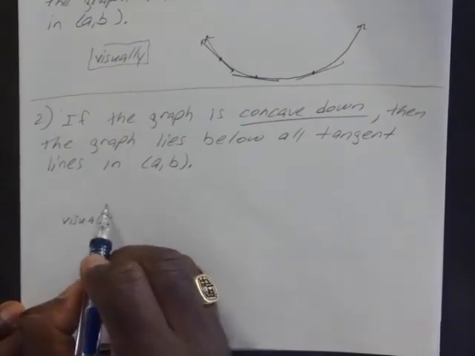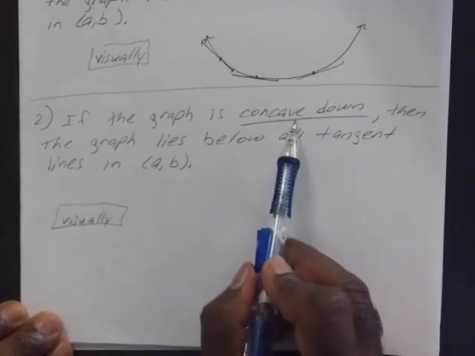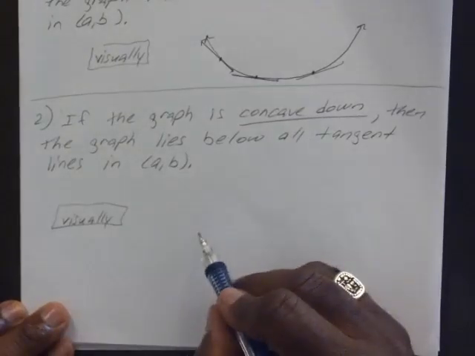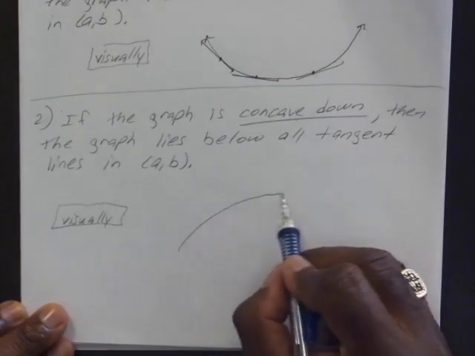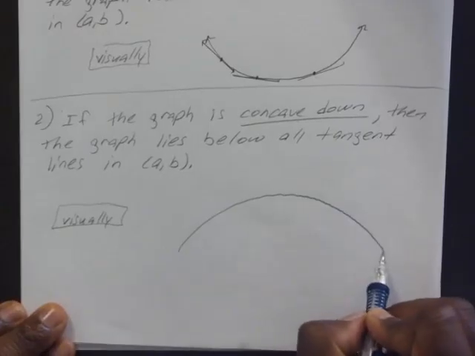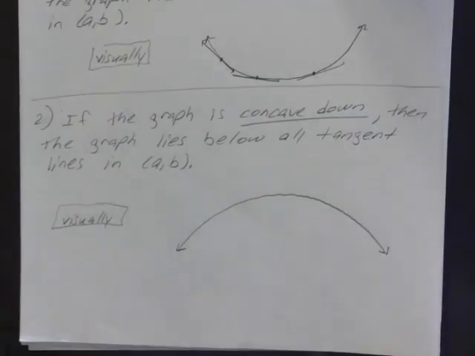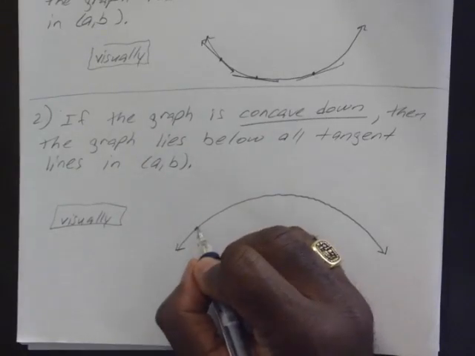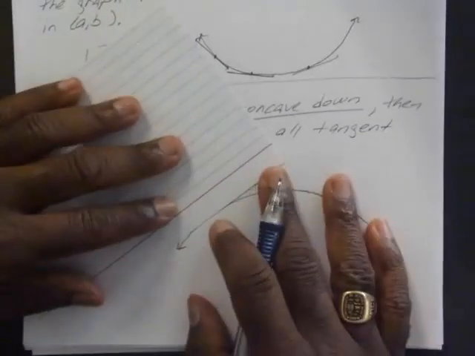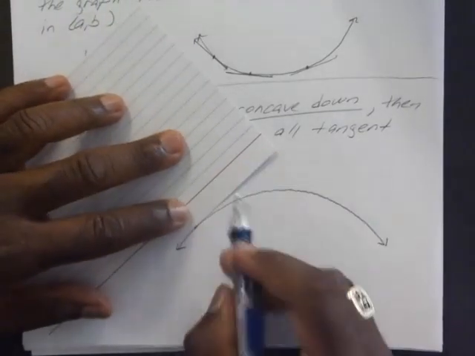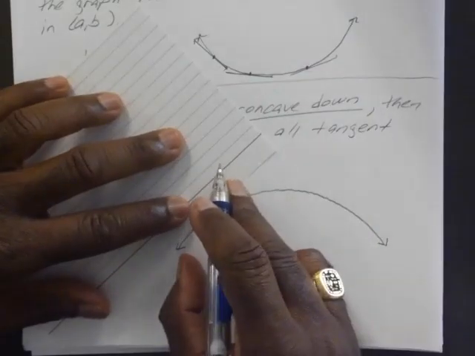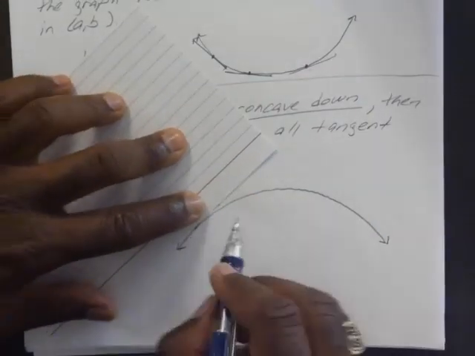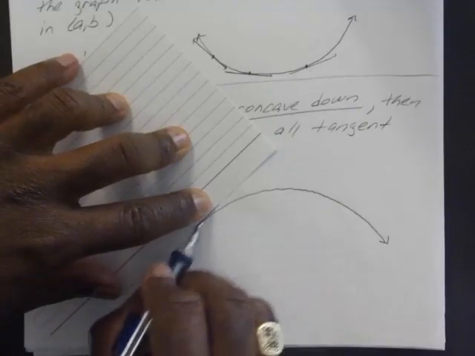Okay, now for this one, all that means is that if you have a concave down graph of a function, it'll look somewhat like that, give or take. So let's say we wanted to plot the slope of the tangent line here. Again, it would look somewhat like that.